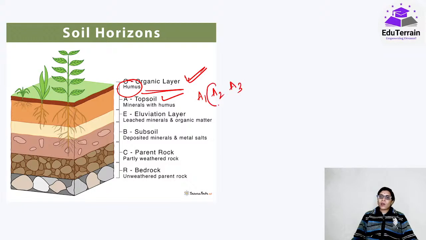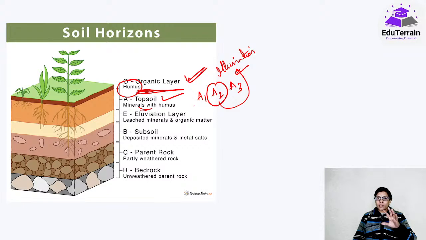Okay, now A2 is the one, it is a zone of eluviation. Because whatever nutrients along with water come down, that gets settled in this A2 layer, which is eluviation. Nutrition, that is a fertile layer.